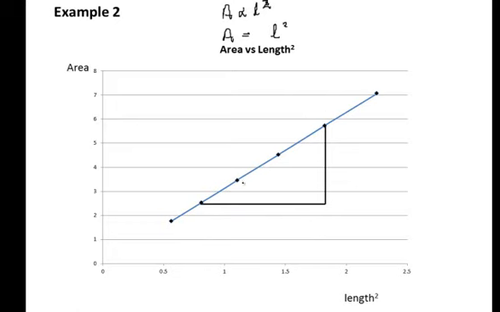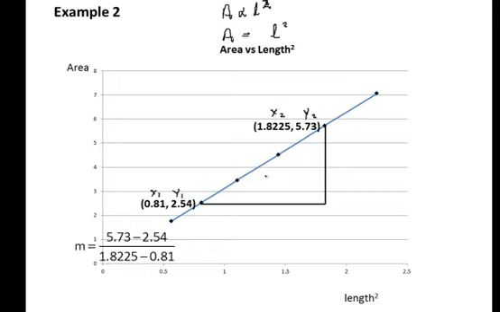So because all the points are nicely on the line, I'm just going to pick 2 points from the table. x1, y1. x2, y2. And then, guys, we get the slope using our slope formula, y2 minus y1 over x2 minus x1. Calculate this out and we get m is 3.14, which is very close to the value for pi.